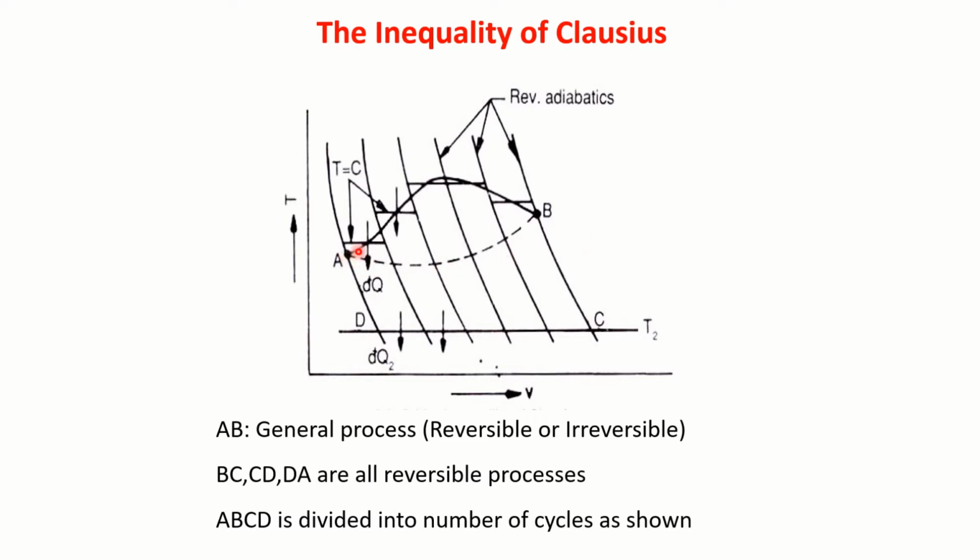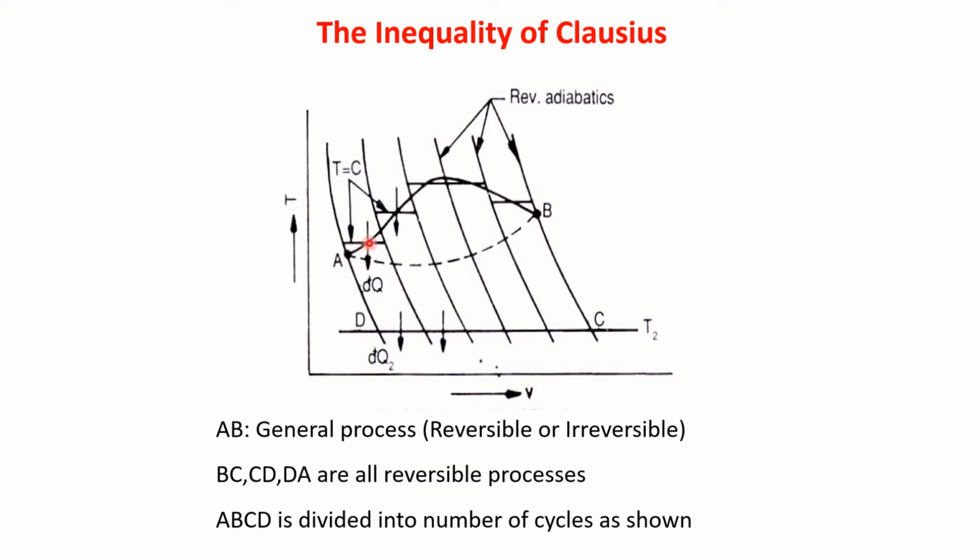Now let us take this reversible process A to B. Out of that, I will consider a part of the process. This is a reversible process. This reversible process, as I mentioned earlier, can be replaced by one reversible isothermal and two reversible adiabatics.